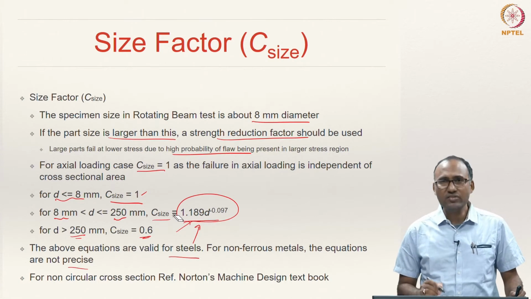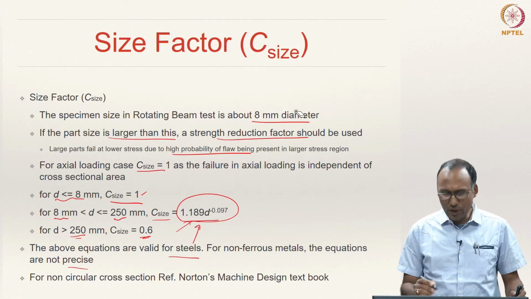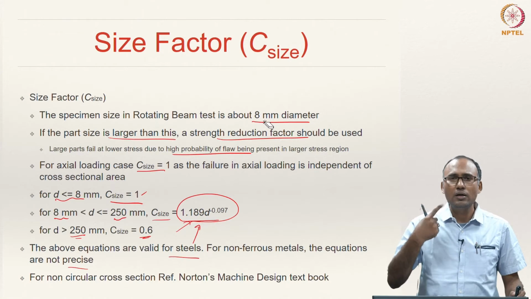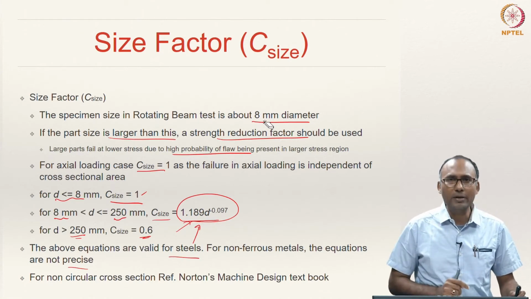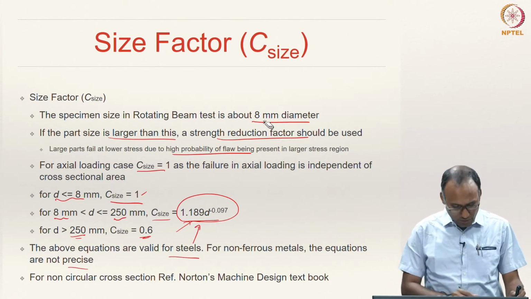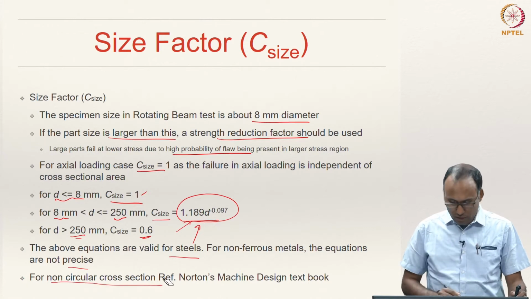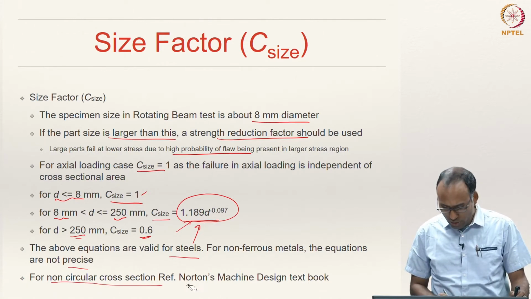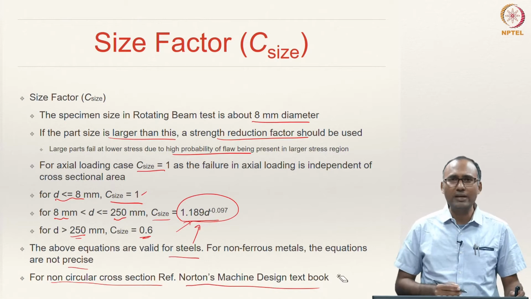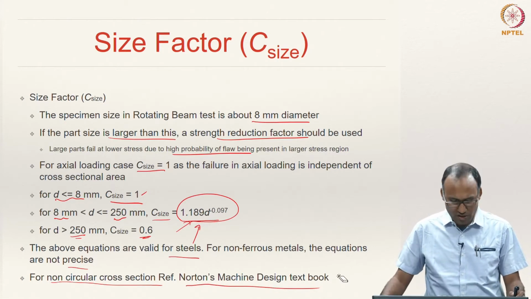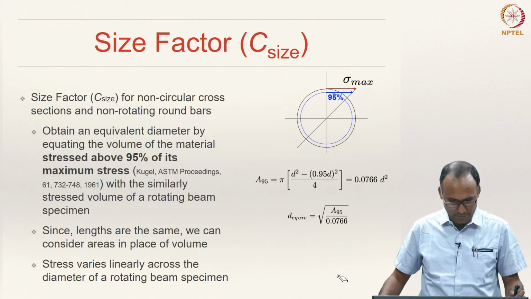However, there is an important assumption here, that your component has a circular cross section, because we are only talking about diameter. So, what happens when you have a non-circular cross section? Please refer to Norton's machine design textbook, wherein how to deal with non-circular cross sections is presented in detail. Okay.